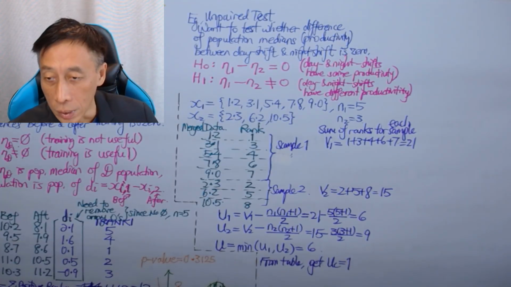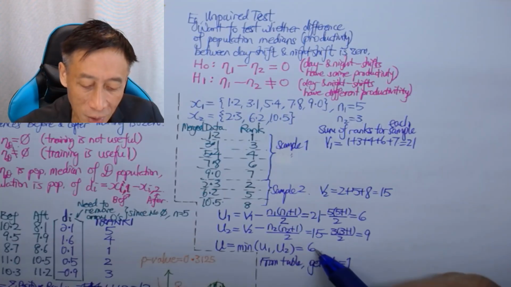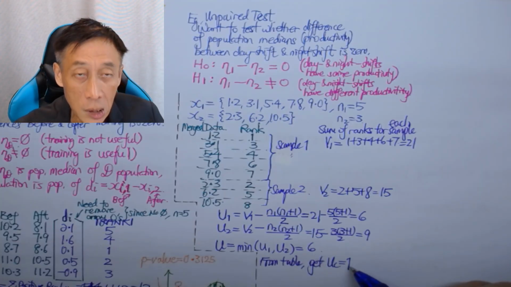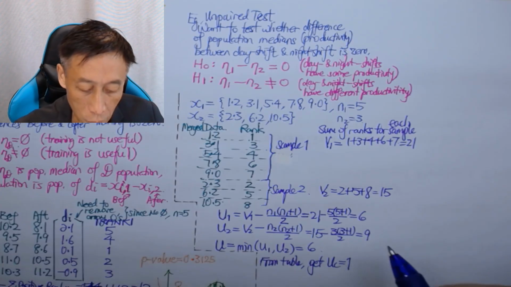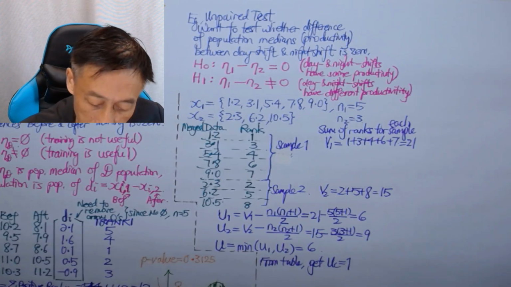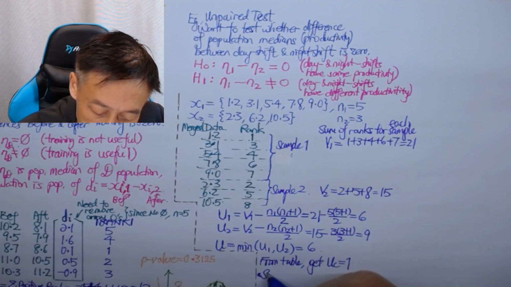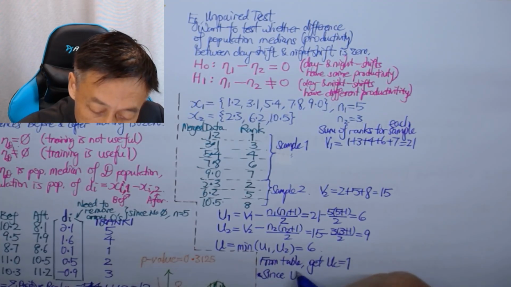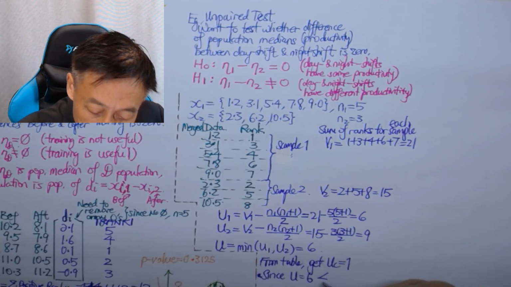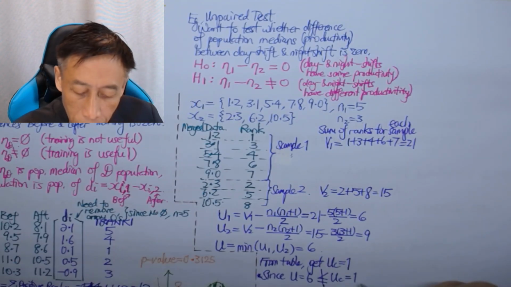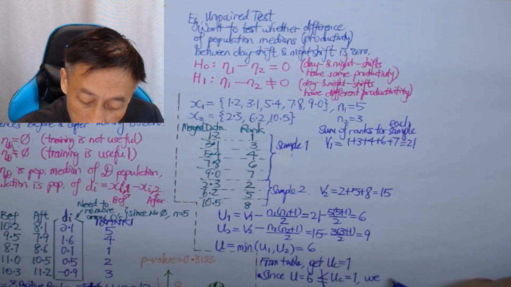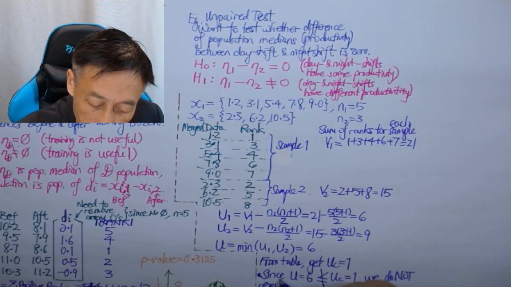Again, just like Wilcoxon, we need the test statistic to be less than or equal to UC in order to reject H naught. Since U equals 6 is not less than or equal to UC, the critical value, we fail to reject. We do not reject H naught.